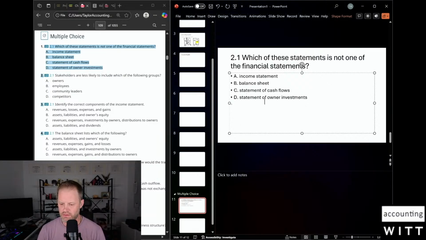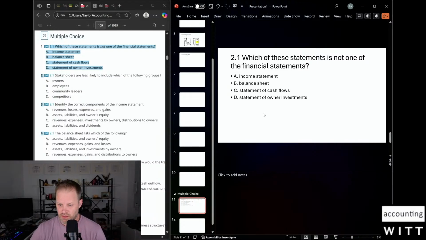All right. So, which of these statements is not one of the financial statements? A, income statement. B, balance sheet. C, statement of cash flows. Or D, statement of owner's investment.